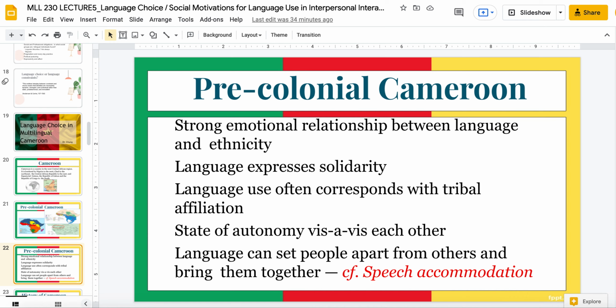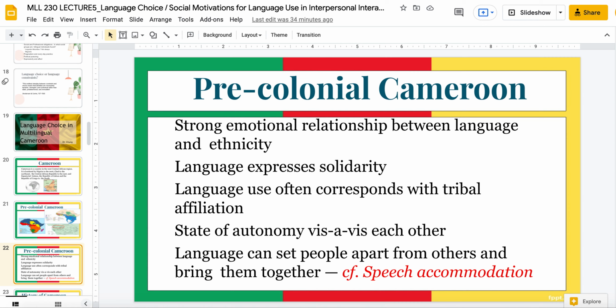The language expresses solidarity with their people. It was a shibboleth. It determined whether or not you belonged, and it also corresponds with their tribal affiliation. So you knew when you passed from one tribe to another, depending on what language you spoke. Language can set people apart from others or bring them together, like we talked about with speech accommodation.